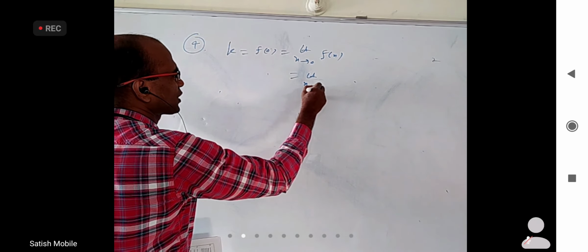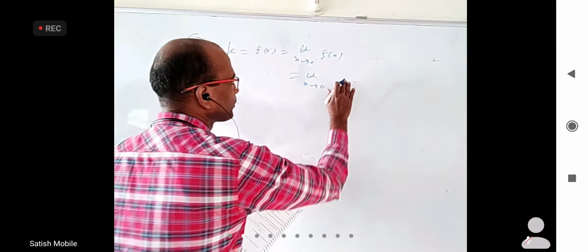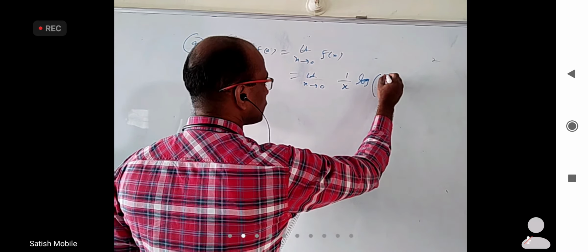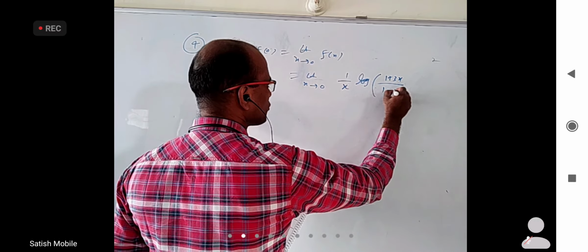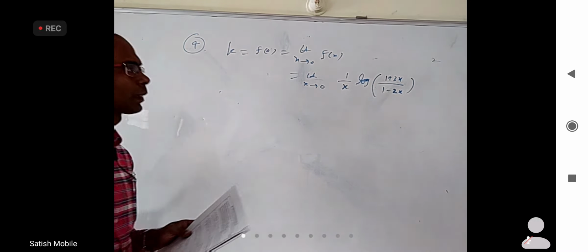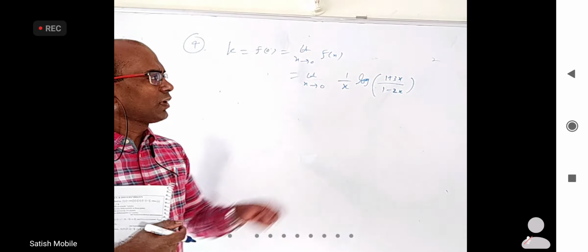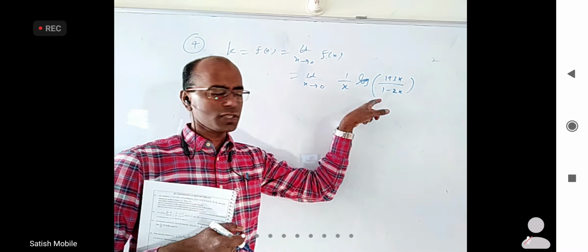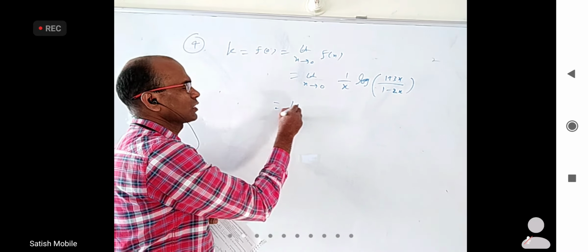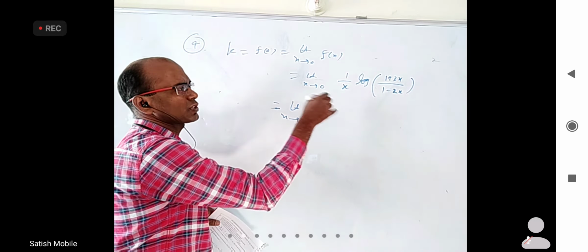But what is the function given when x is tending to 0? 1 by x log of 1 plus 3x by 1 minus 2x. When you directly put 0, it becomes log 1, 0 by 0. So we have to do something. It is basically a limits question now.